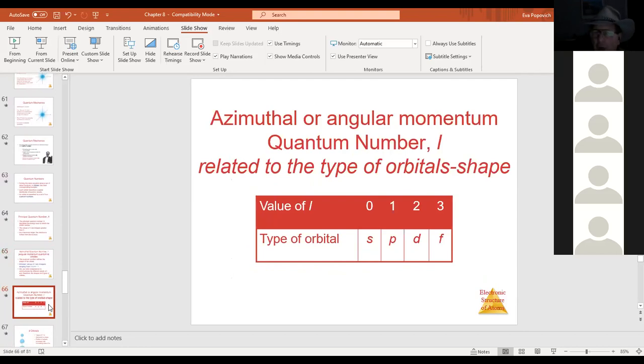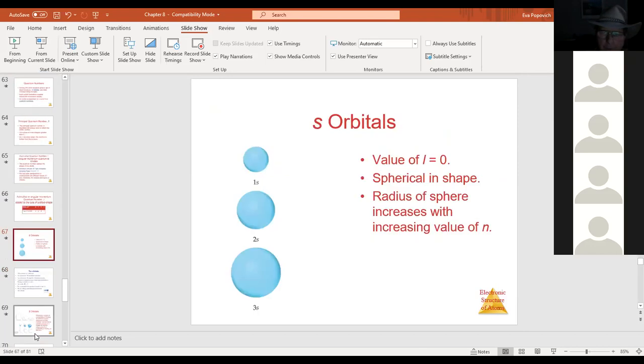If my L value is 0, I'm dealing with an S. If my L is 1, I'm dealing with a p-type orbital. 2 is D. 3 is F. If my L is 0, that means I'm dealing with an S orbital. S's are spherical in shape, and the radius increases as my N value goes up.